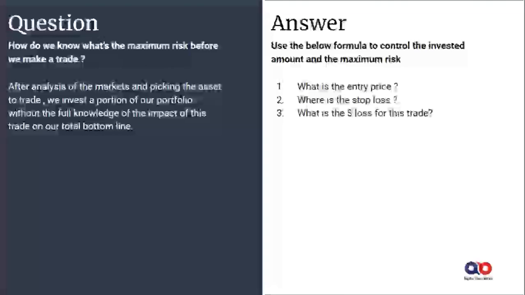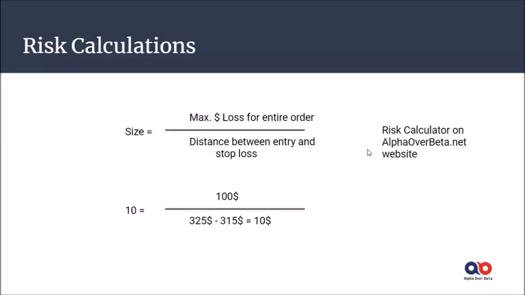Okay, most modern brokers enable you to do that with one order. You issue the entry trigger and you attach a stop loss level. All right, and the third question is, what is the dollar amount loss that you are willing or planning for each and every trade? All right, so let's take a look at the formula.